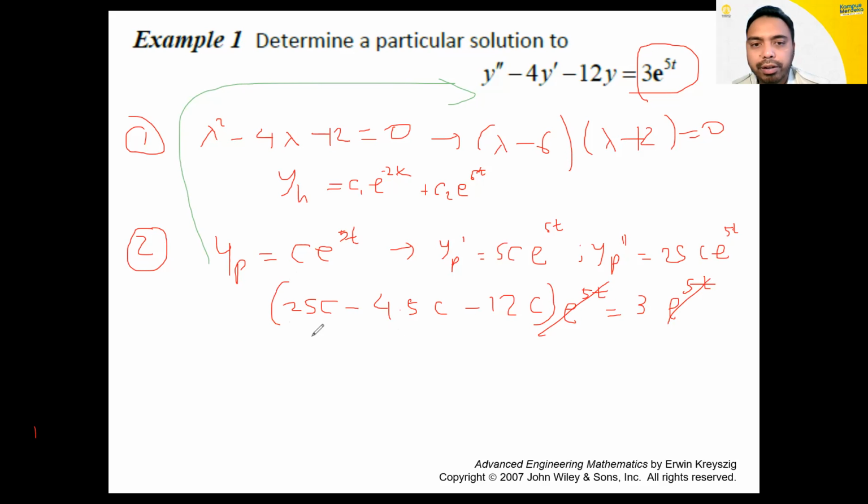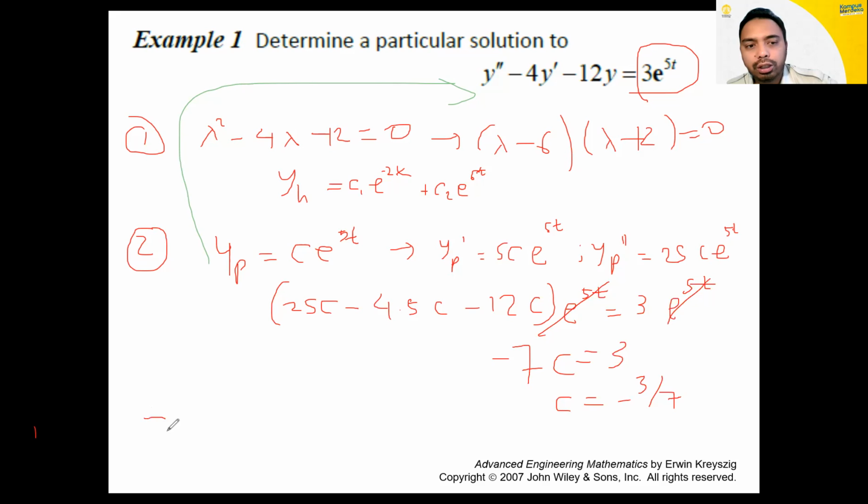So it's 25 minus 20, 5, minus 12, so it becomes minus 7. C is equal to 3, so that you have C as minus 3 over 7.